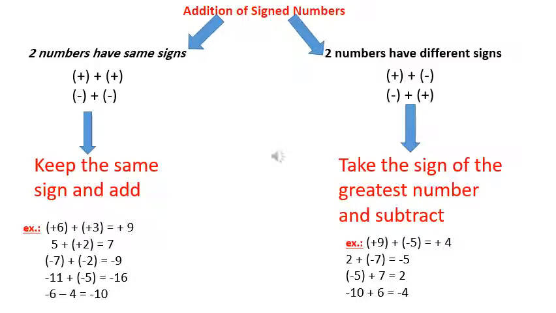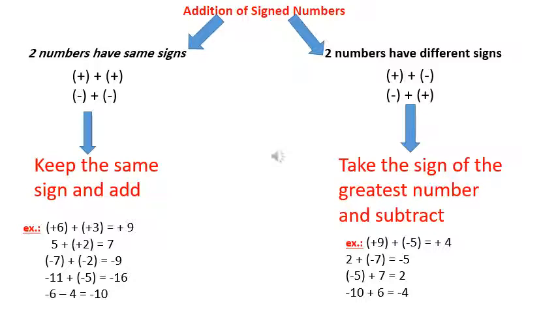The two numbers could have the same sign, like both of them positive or both of them negative, or we might have two numbers that have different signs, like one of them positive and the other negative. In every case, we're going to do different steps. If we have two numbers that have the same sign, we keep the same sign and we add the numbers.